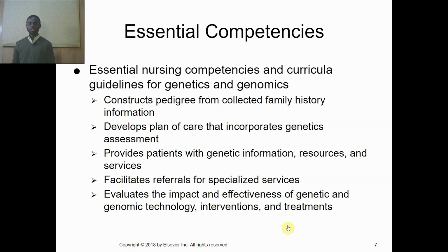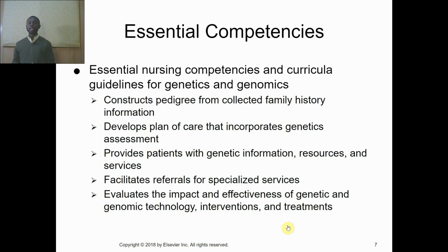To be able to provide care in the field of genetics, a nurse must possess some essential competencies, and these competencies have been developed by various bodies of nursing organizations. Basically, nurses must have working knowledge of genetics and genomics to be able to construct a pedigree from collected family history information.